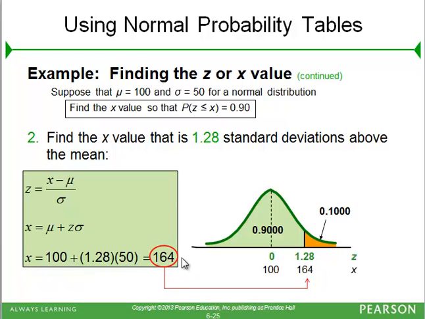So that means the probability that the values fall into the range from minus infinity to 164 is 90%. Or we say we want to know the range for the 90% probability. The range is going to be minus infinity to 164.